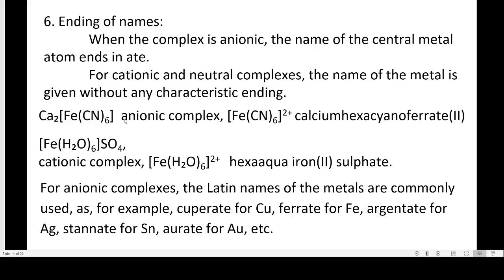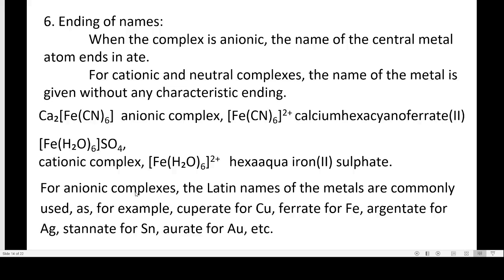So in this example, it is an anionic complex. So here the name is calcium hexacyanoferrate 2. In this example, it is a cationic complex. The name is hexaaqua iron 2 sulfate.